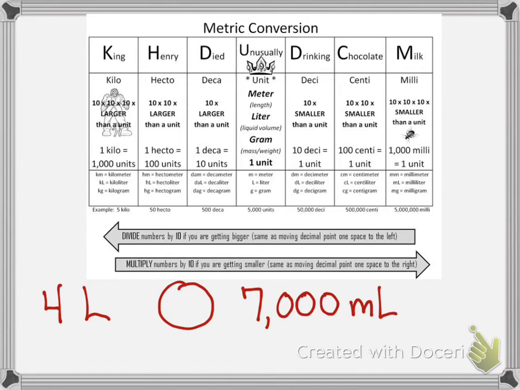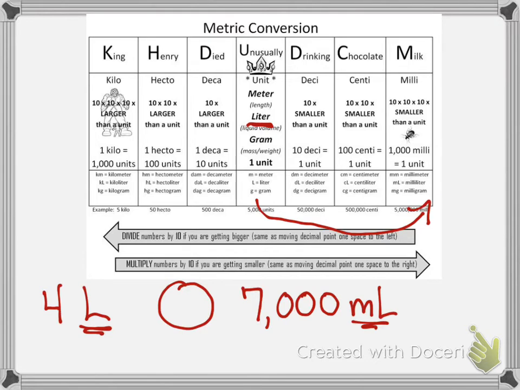All right, another example. Is 4 liters greater than, less than, or equal to 7,000 milliliters? Remember, milli is small. So here is liters, which is our base unit, and we want to go to milliliters. So now we know that we're going from big to small. We're going to multiply.